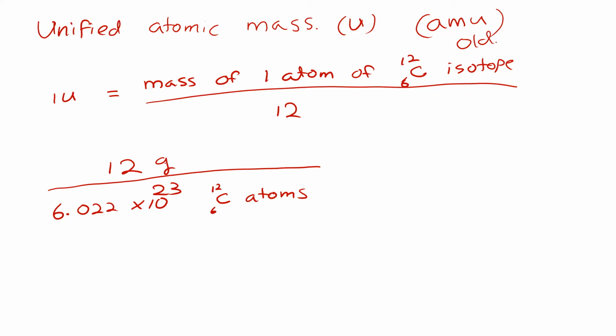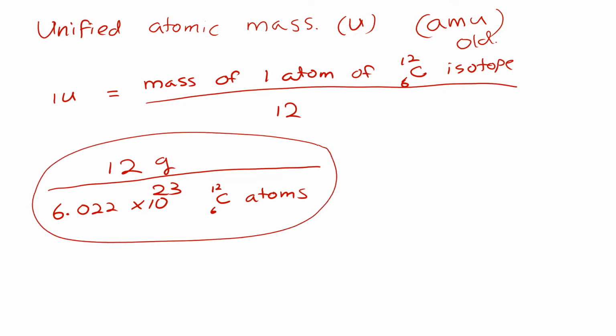Now this is the mass. If you divide 12 by Avogadro number, you get the mass of one atom. And now you have to divide it by another 12, this 12.